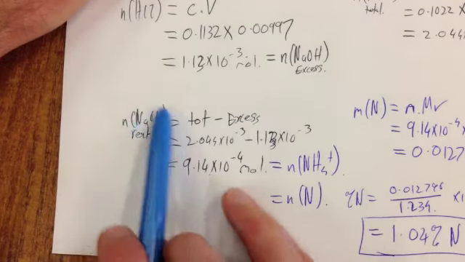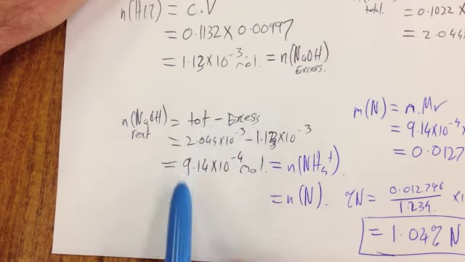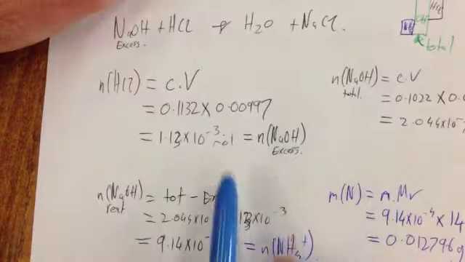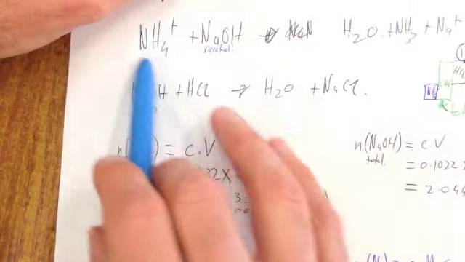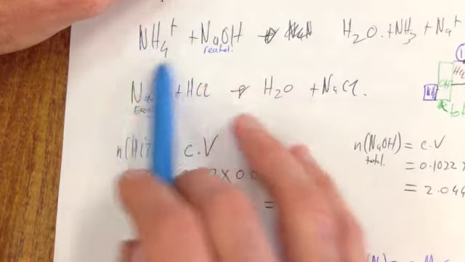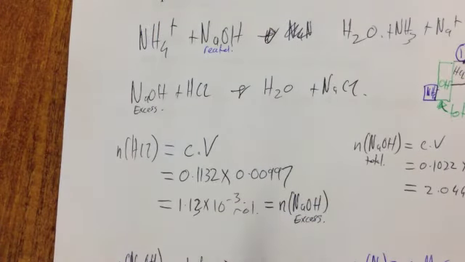I then work out how much sodium hydroxide reacted, so total, take away the excess. From this amount, I work out how much ammonia was there in my aliquot, which is where I stuffed up.